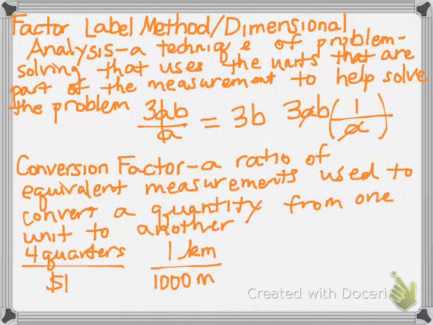Those 2 people are going to walk the same distance, even though you told them in 2 different units. These are both examples of conversion factors, and this is the part we're going to use in this factor label method, or dimensional analysis.